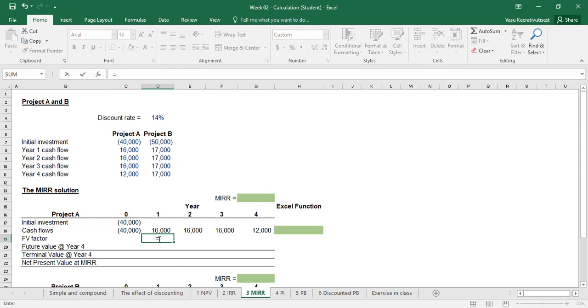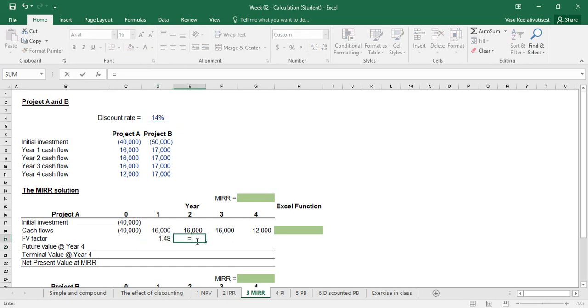It is equal to open parenthesis 1 plus discount rate, I press F4, and then power by 1, 2, 3 periods. We want to compound to the future 1, 2, and 3 periods. So this is my future value factor.